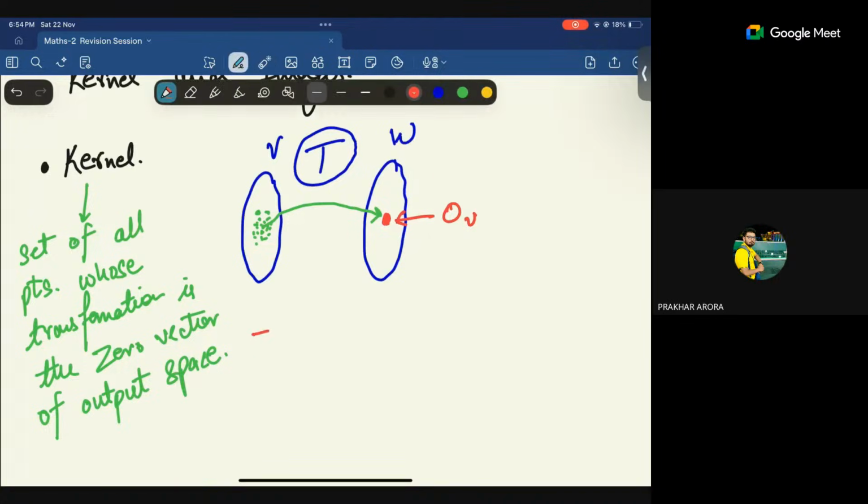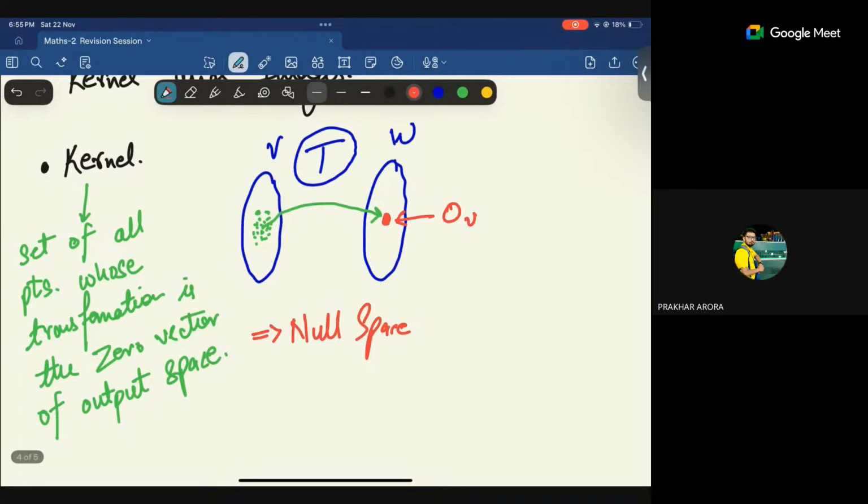Yes, this is null space. For others also, take two minutes to understand this. Yes, so this is just the null space.